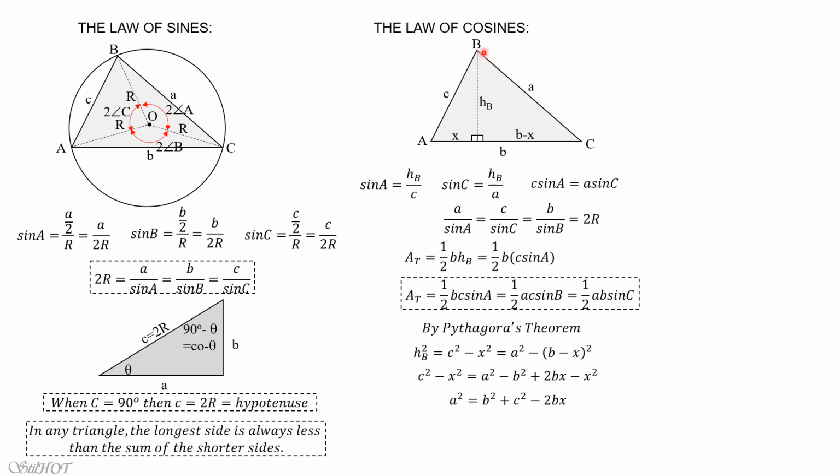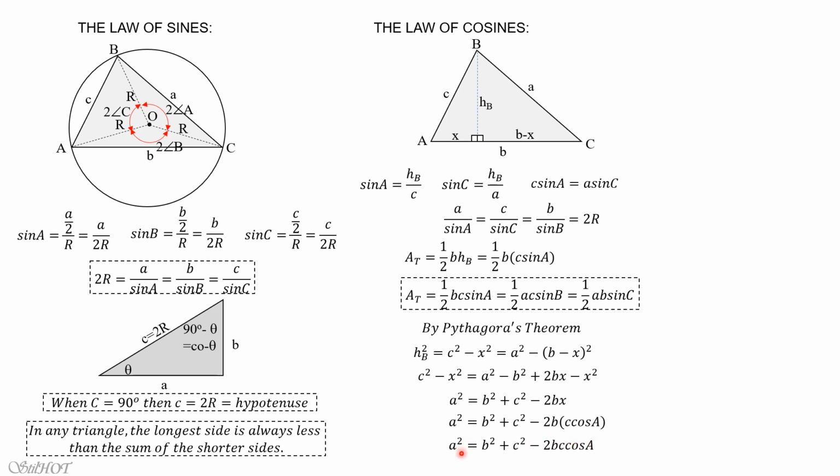From the figure in this right triangle, x is equal to the hypotenuse times the cosine of angle A, so replacing x by c times cosine angle A, that now forms one cosine law formula: a squared equals b squared plus c squared minus 2bc cosine of angle A. You don't have to memorize the cosine law symbolically; there's a technique also.